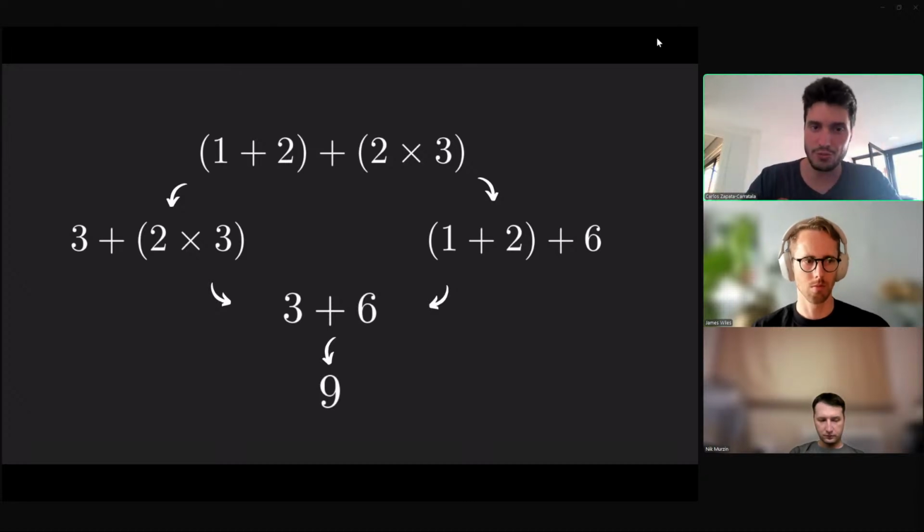And I wanted to give this example. It's similar to what children go through when they learn the priority of operations and things like that, because in some sense that's essentially what algebra is all about.